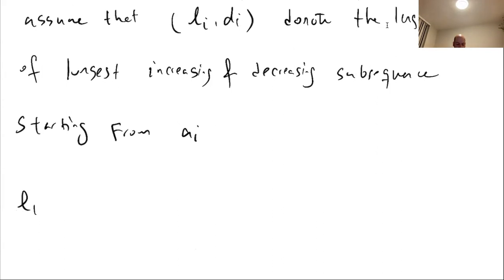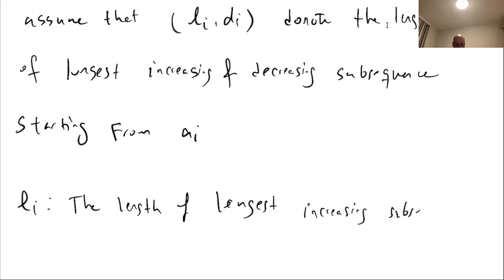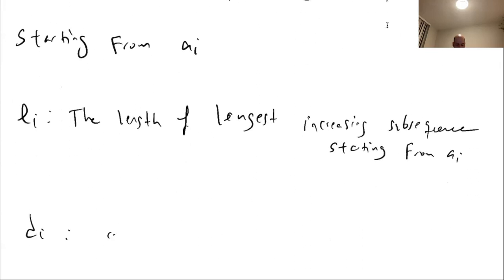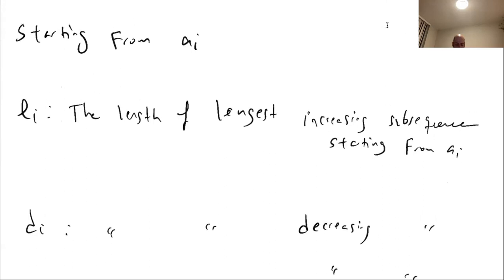So basically, Li here is the length of longest increasing subsequence starting from ai, and Di is the length of longest decreasing subsequence starting from ai.